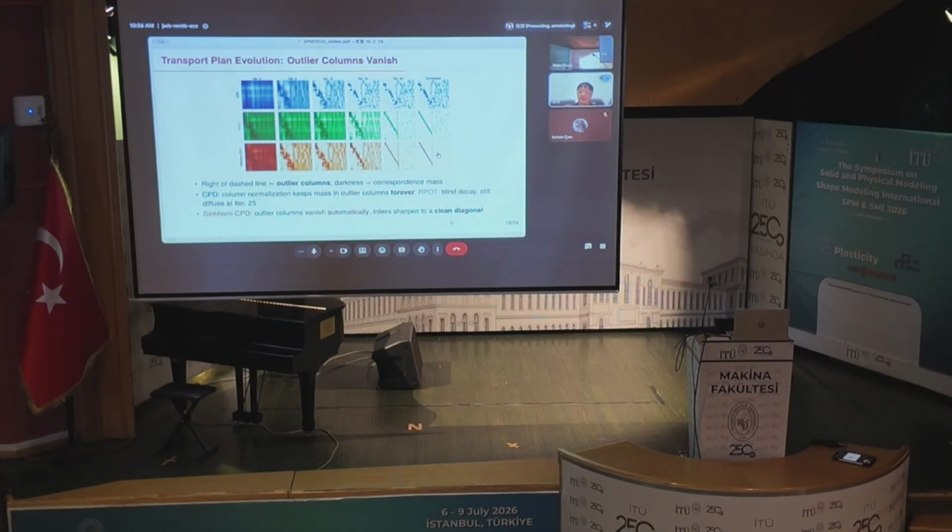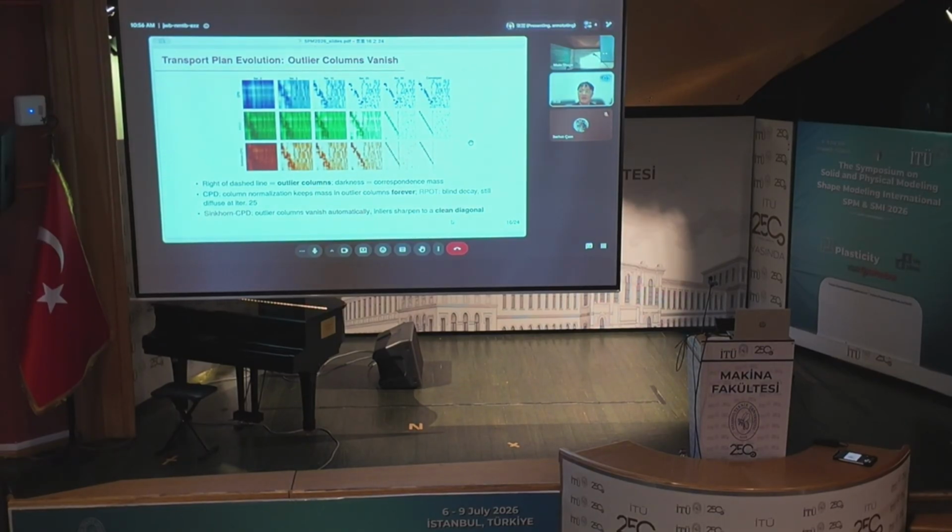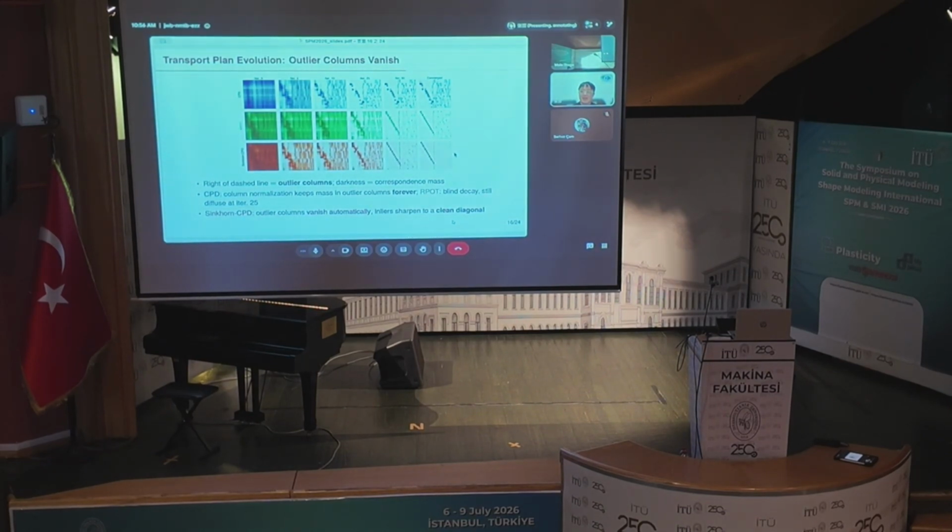Now here is transport evolution. It is the same story from another view. These are transport metrics during the iteration. On the right side are the dashed lines and the inlier lines. This is one top line, and the left is the true inliers.